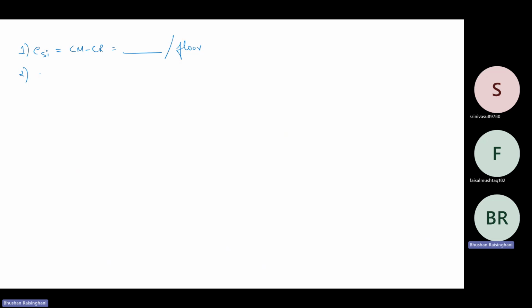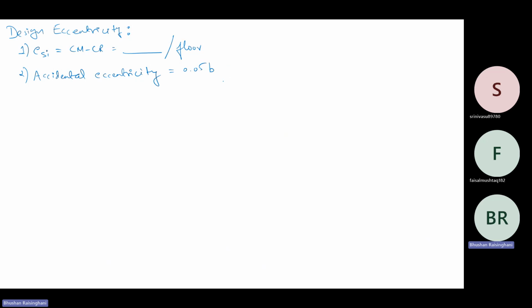Now, second, you have to estimate accidental eccentricity. So to estimate your design eccentricity as per IS code, you need two values, which is equal to 0.05 of either B or L. So in which direction you are considering, you have to take the width.